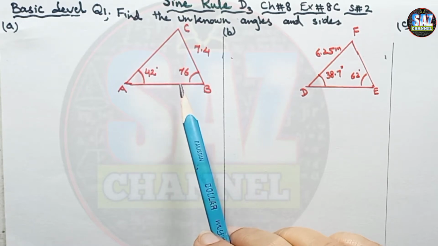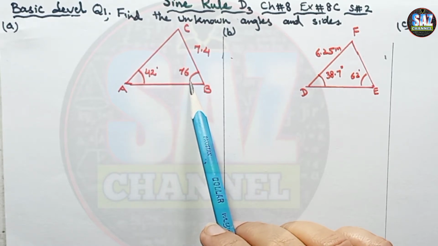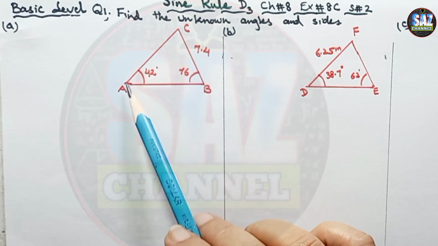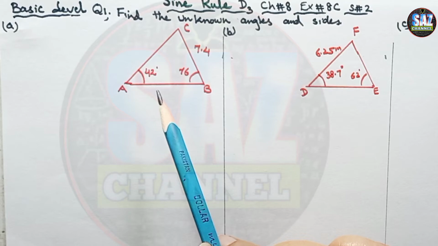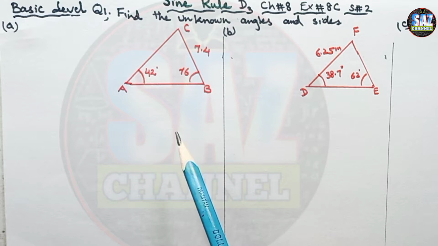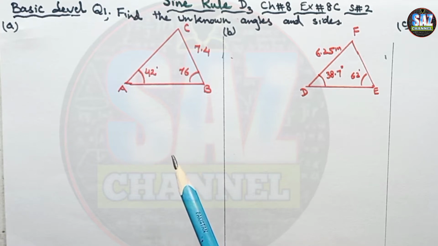If we look at the question given to us in part A, we can see the triangle is not a right angle triangle. So before going to the lesson, you should have a clear idea of what a right triangle and an oblique triangle are, how to find the lengths and angles in a right angle triangle, and when the triangle is not right angled, how to find the unknown lengths.